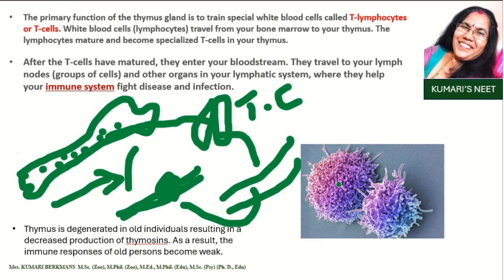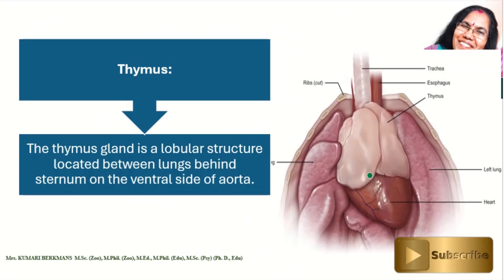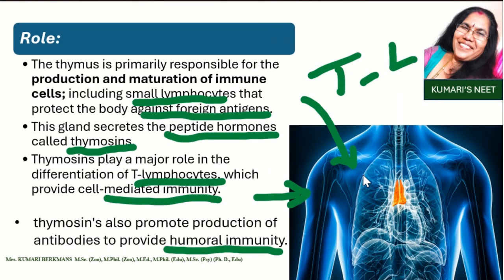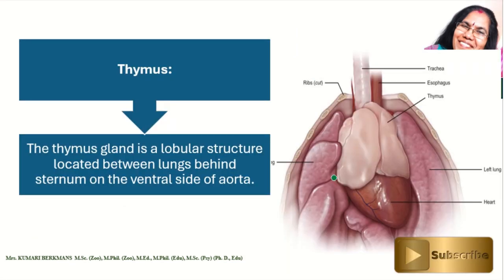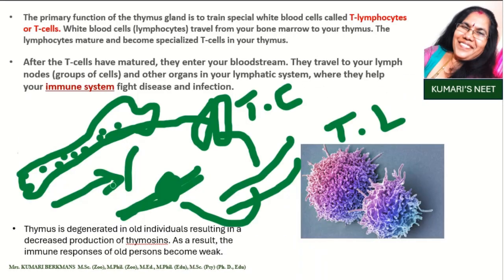See, what you are seeing here is the T cell. Okay, this is the T lymphocyte. Can you see this? This is the T lymphocytes. So they mature in the thymus gland. The white blood cells come from the bone marrow.